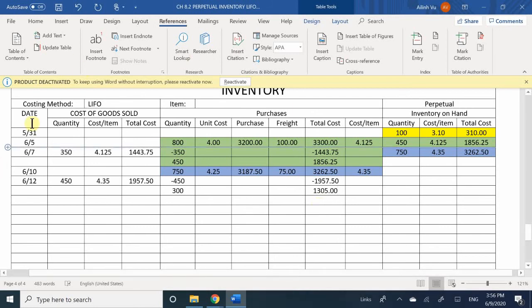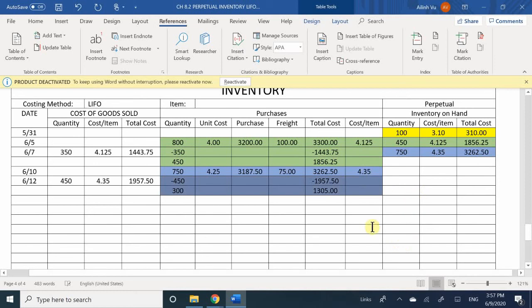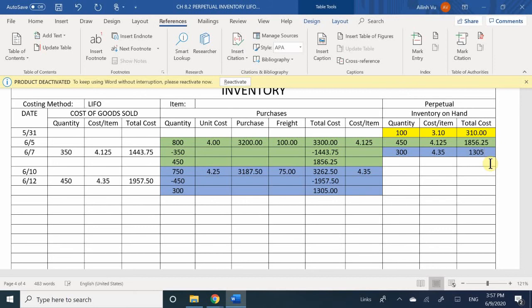Yes, exactly what I got. So I'm going to go ahead and highlight this because we know this belongs in the purple. Perfect. Now we're going to come up to our right side and update our inventory. So 750 minus 450 gives us 300. And our number now is 1305. Okay, good.